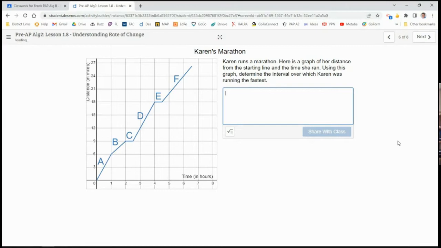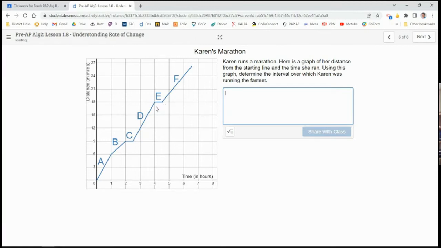I can see an argument for a couple of correct answers. I mean, we know obviously A is running faster than B. Because in B, during that 1 hour, she only ran 3 miles. But during this 1 hour, she ran 6 miles. So her slope is 6 miles an hour, where this is only 3 miles an hour. And then 0 miles an hour, 0 miles an hour here.